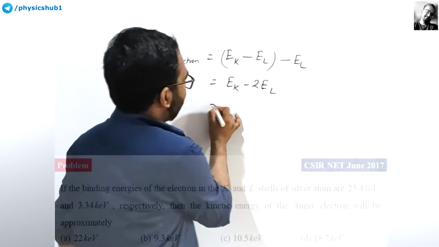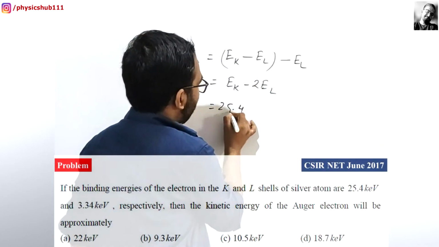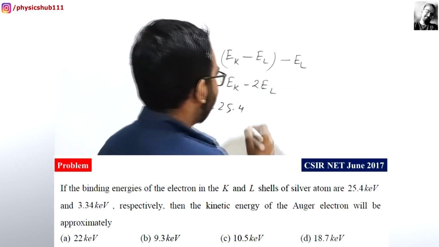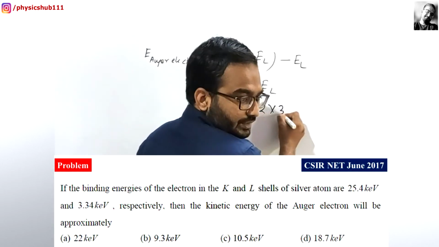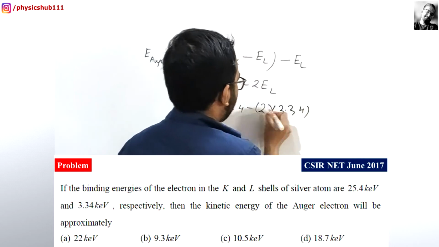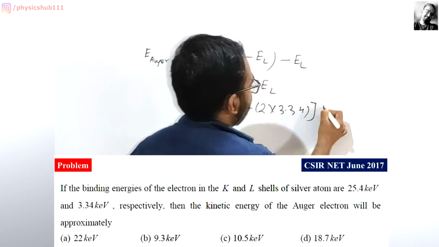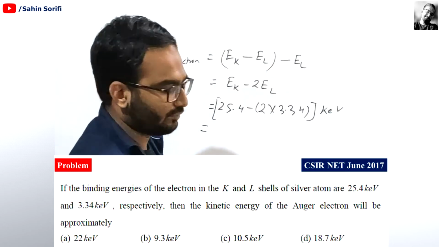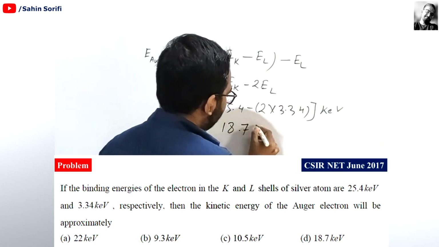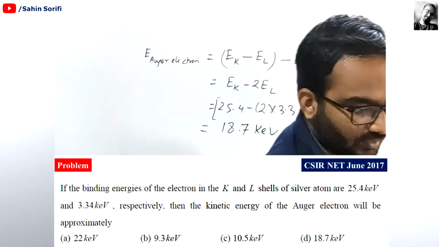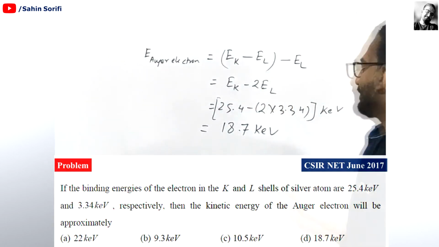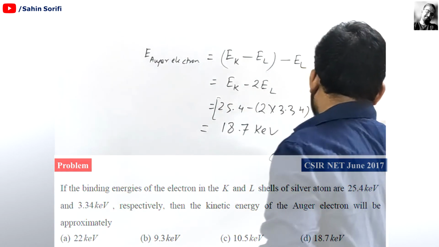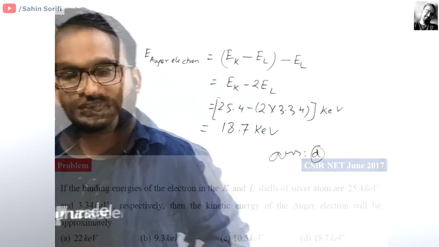EK is given as 25.4 kiloelectron volt, and EL is given as 3.4 kiloelectron volt. If you carry out this calculation, you will get 18.7 kiloelectron volt. So this matches with option D, and option D is the correct option for this question.